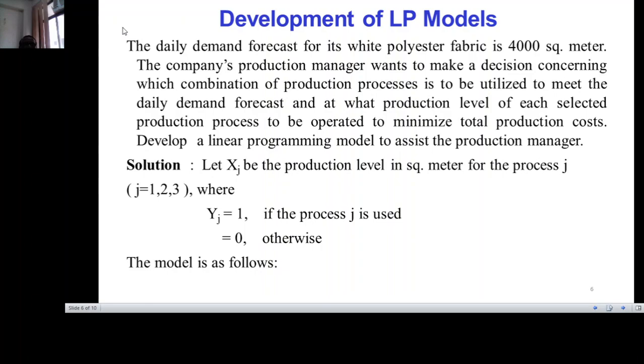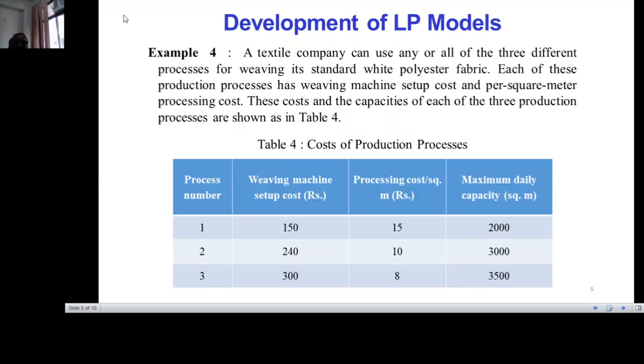So, then the model will be what? We want to minimize the cost. So, what are the various cost elements? The production cost for process number 1 is 15 rupees per square meter, for process 2 it is 10 rupees per square meter, and for process 3 it is 8 rupees per square meter.